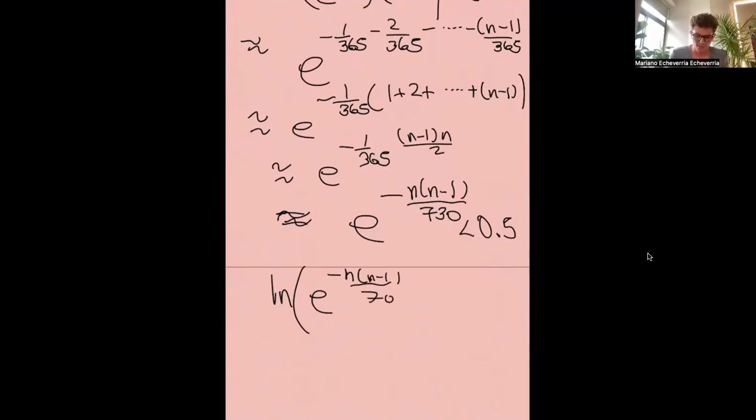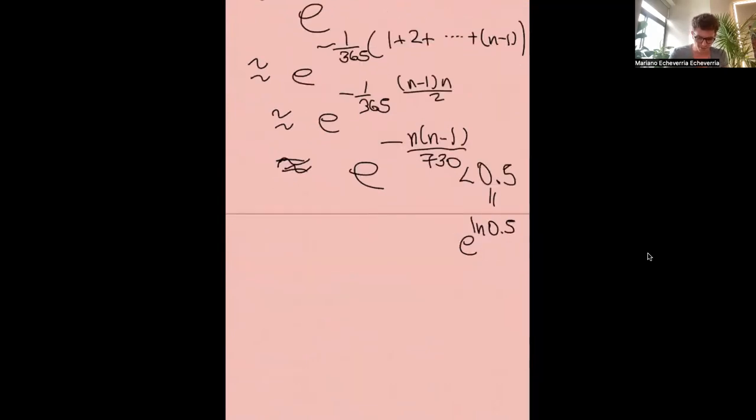You can also write 0.5 as e to the natural log of 0.5, and the exponential is an increasing function. So you just want minus n times n minus 1 over 730 to be less than 0.5. Am I doing something wrong here? Yes, this is fine.